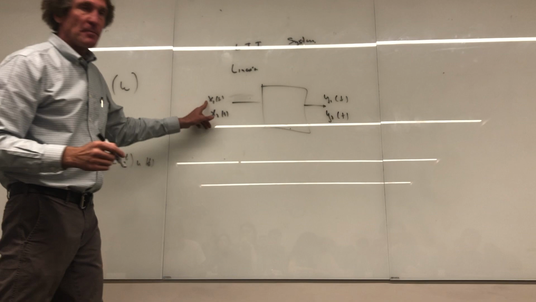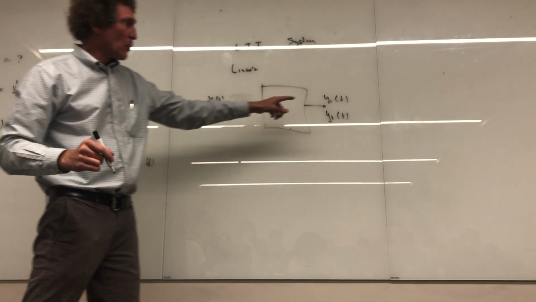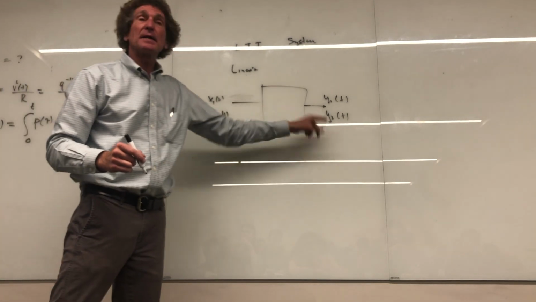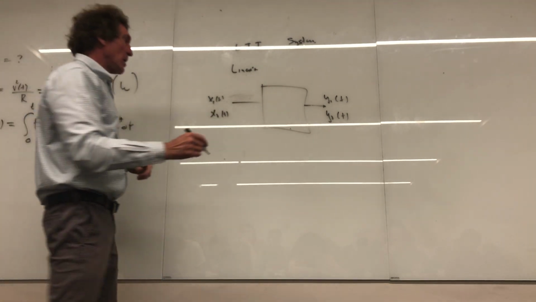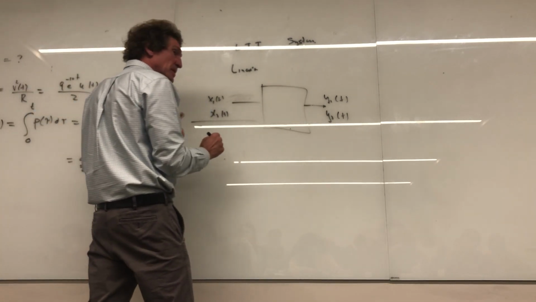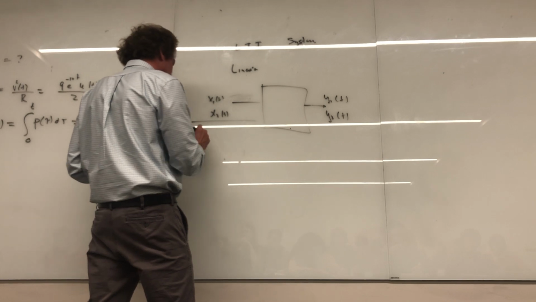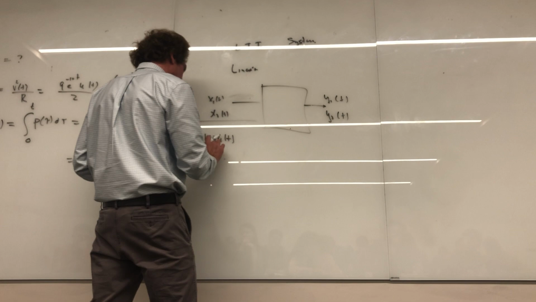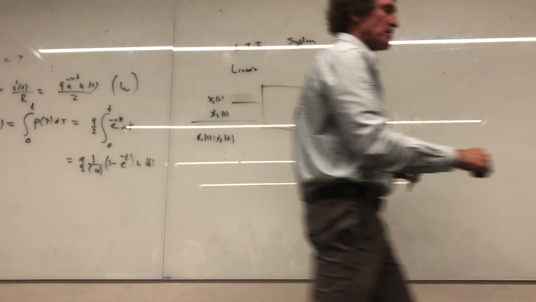So I have one input, doesn't matter what it is, and I get one output that I can track. Another input that I can get another output, right? Well, a linear time invariant system means this, that if I add x1 of t plus x2 of t, in fact, let me do it this way.